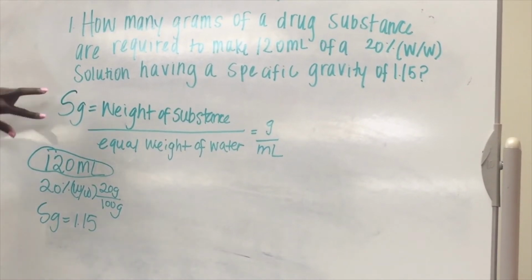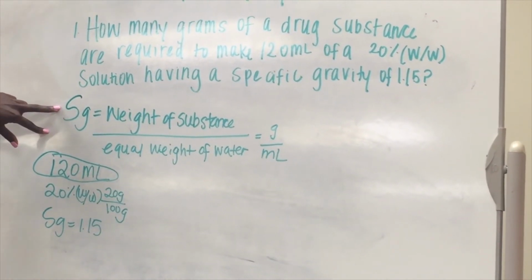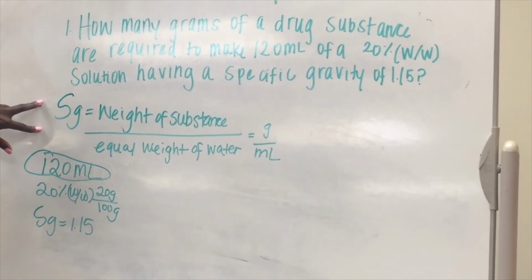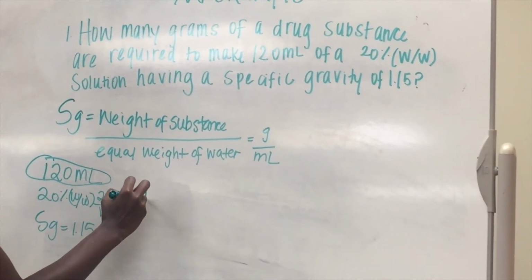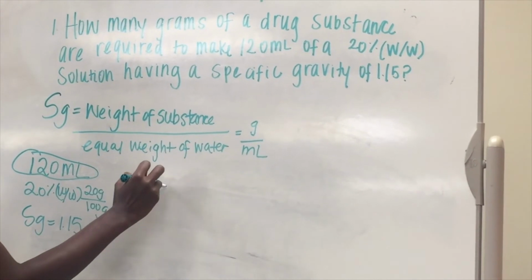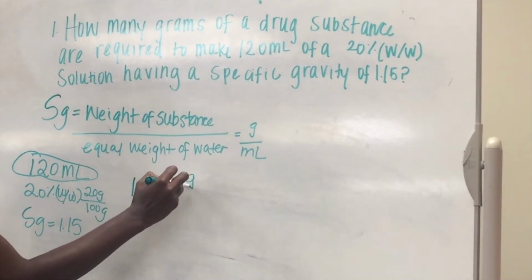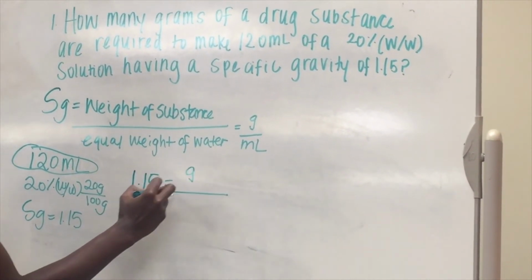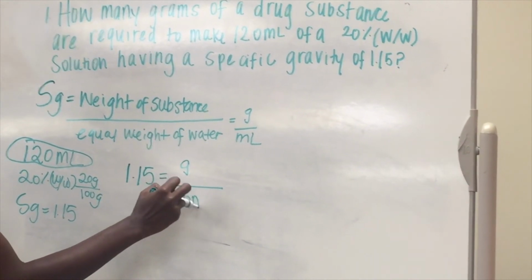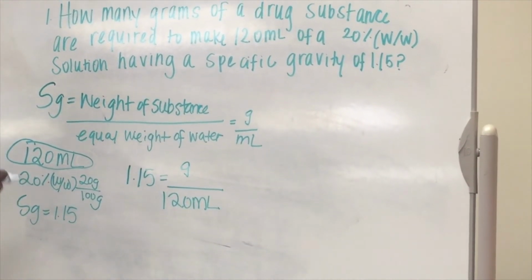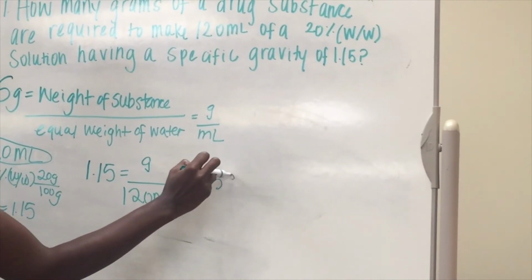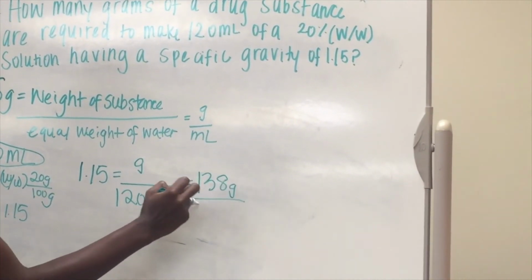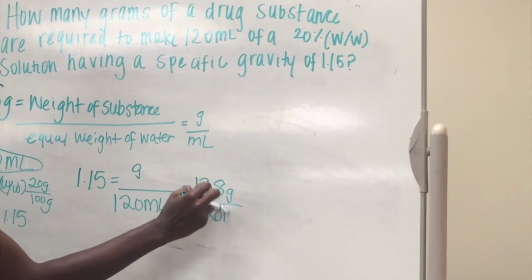The only way to do that is by using our specific gravity equation, plugging in what we have, and looking for what we need. So our specific gravity is 1.15, and that's equal to grams, which we don't have, over 120 mLs. With cross multiplication, we end up getting 138 grams of the substance in 120 mLs.